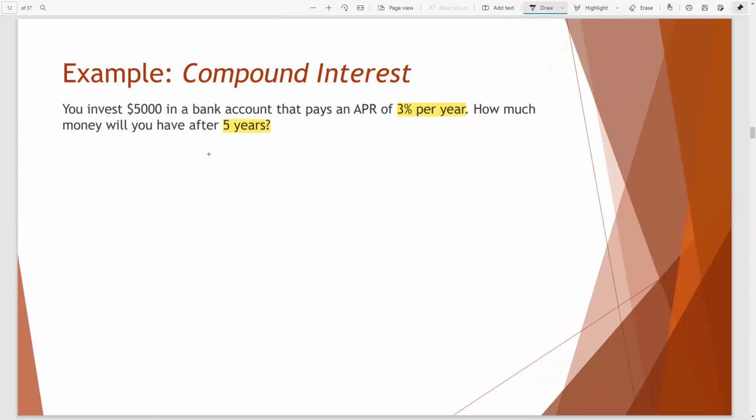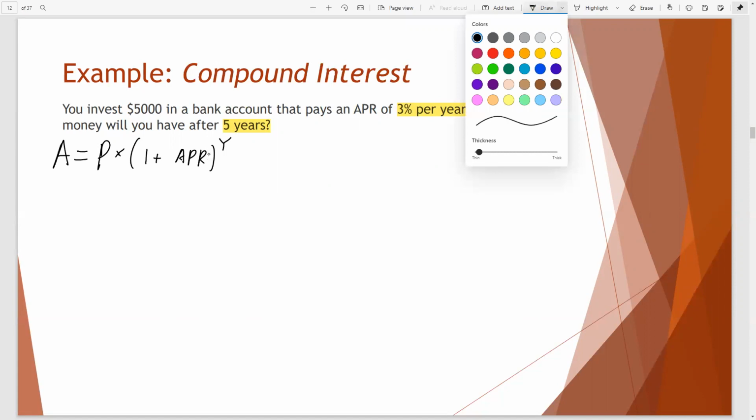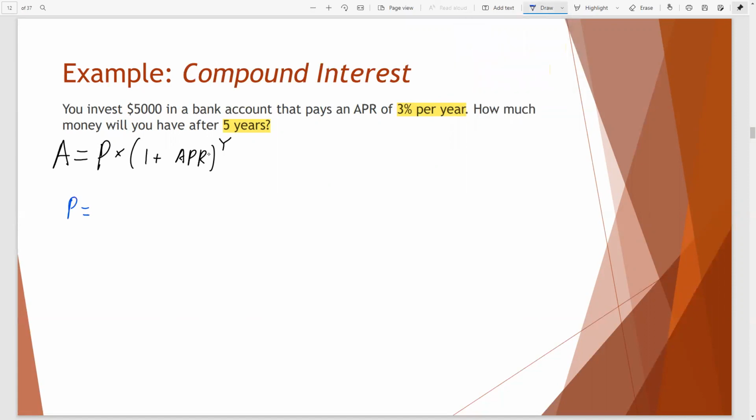So we have the formula. The accumulated value at the end is principal times 1 plus APR, to the Y, because you have annual payments raised to the power of the number of payments you have. In our question, the principal is $5,000.